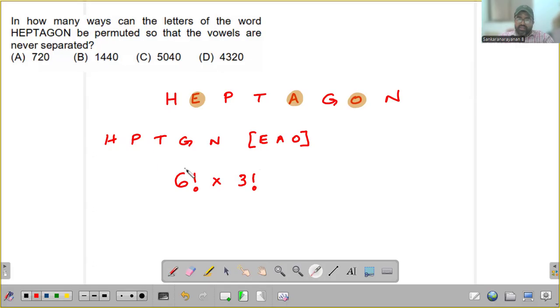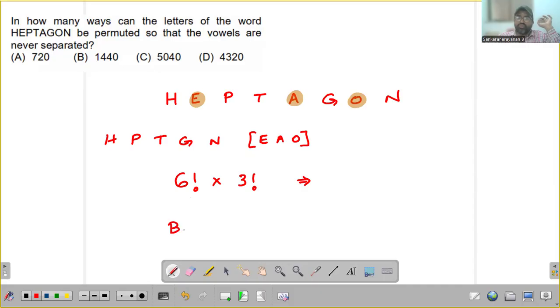Okay, so I can see that taking care of all these 6, 1, 2, 3, 4, 5, 6, separately and taking care of that EAO within themselves separately. So task 1 can be completed in 6 factorial ways. Task 2 can be completed in 3 factorial ways. Task 1 and task 2, taking care between themselves and within themselves.